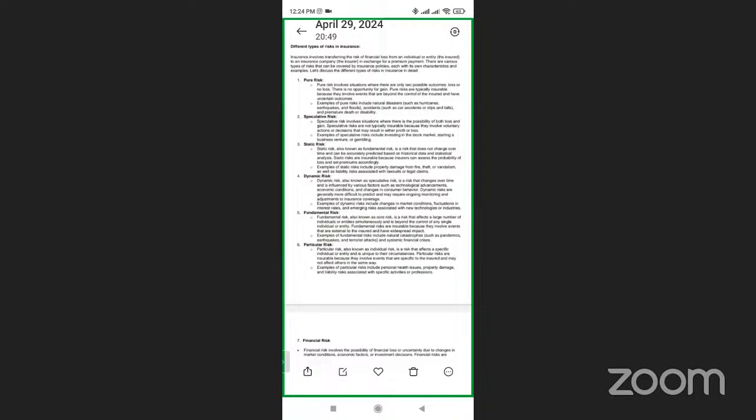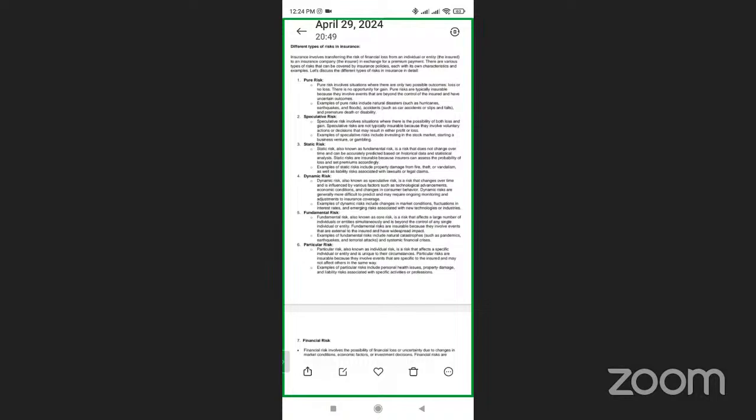Similarly, property damage: because of, suppose, a natural disaster in one particular geographical location, the properties might get damaged, but in other geographical locations where the natural disaster has not happened, it will not affect the properties.